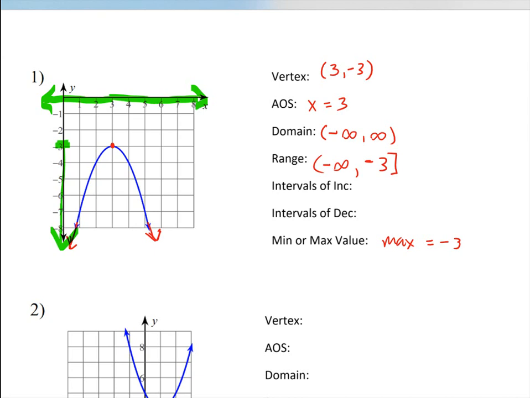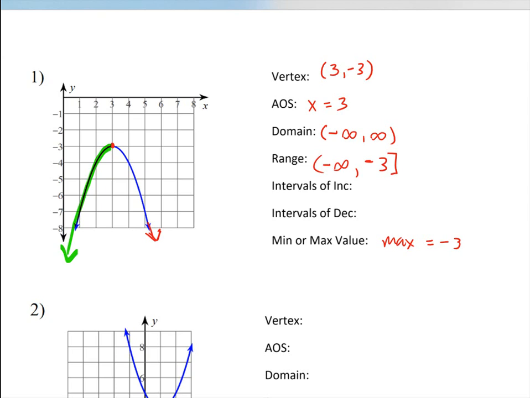Now, intervals of increase and decrease. So you notice the graph is going to be increasing, it's going up, when it gets right there. So what are the intervals of increasing? Coming from the left to the right, because remember we always go from left to right. Coming from the left, remember this graph goes down to the bottom forever.